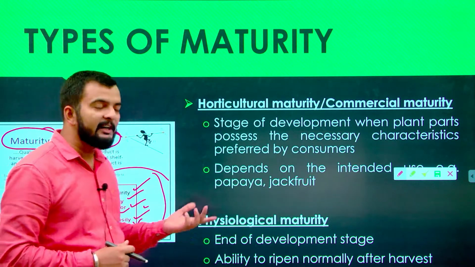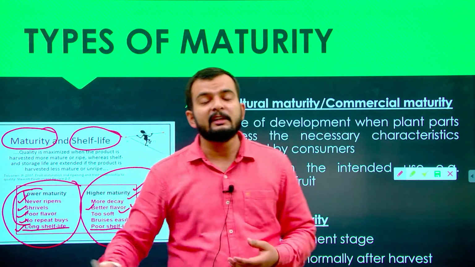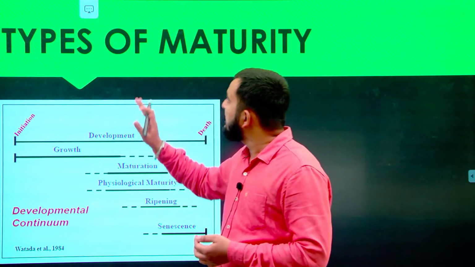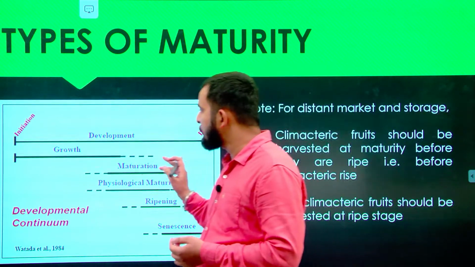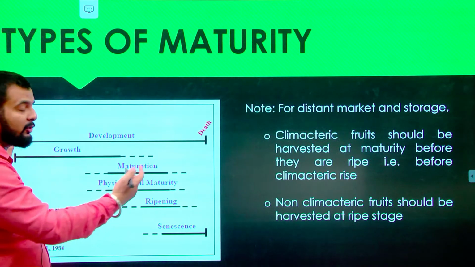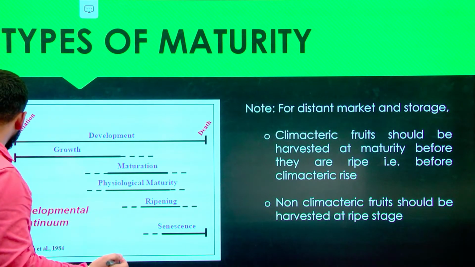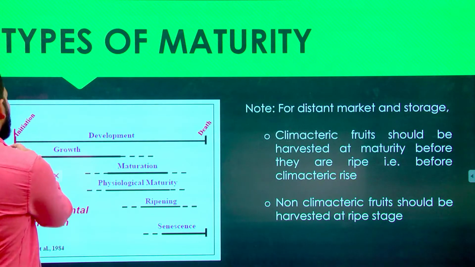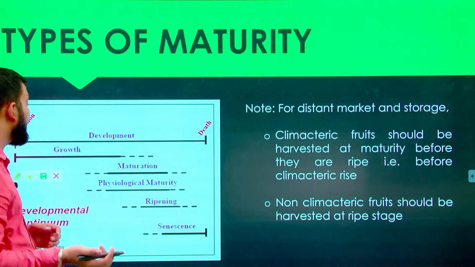So it totally depends on the person or the market demand. Okay. Next we will see types of maturity. You see here this chart, it shows you the complete growth stage, the complete cycle of the fruit. See here the initiation, that is, after pollination the fruit begins to form.